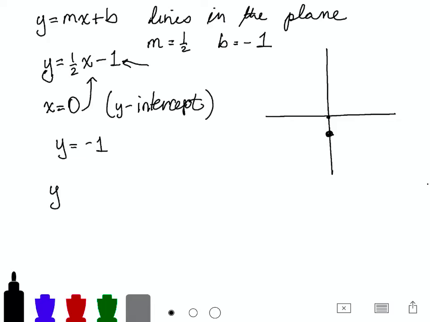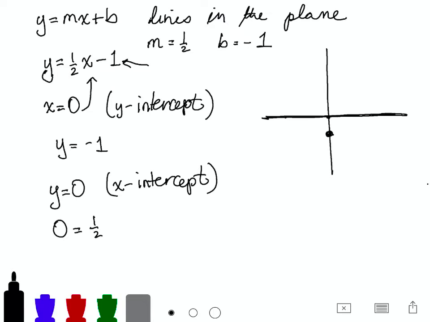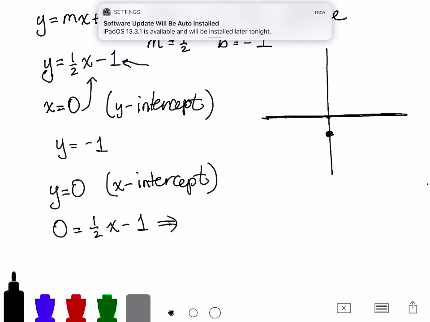Now if we set y equal to 0, we get the x-intercept. Because when y equals 0, the point lives on the x-axis. Let's see what we get when we set y equal to 0. We have 0 equals 1/2 x minus 1. Now what are we solving for? We're solving for x.